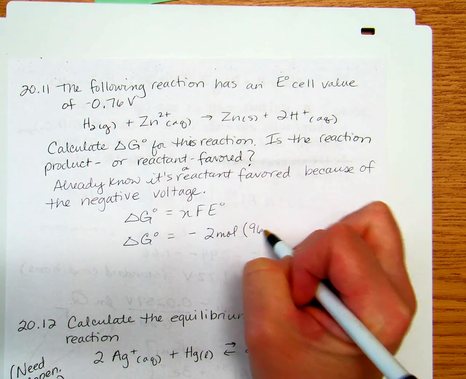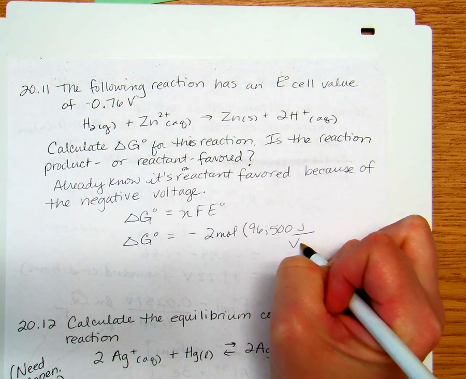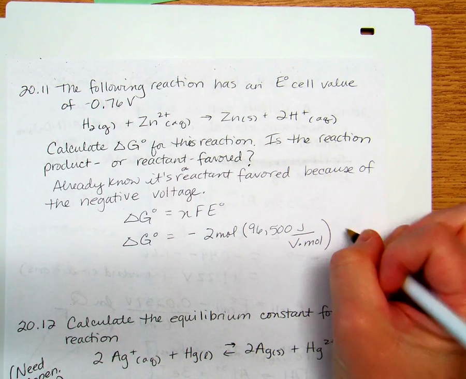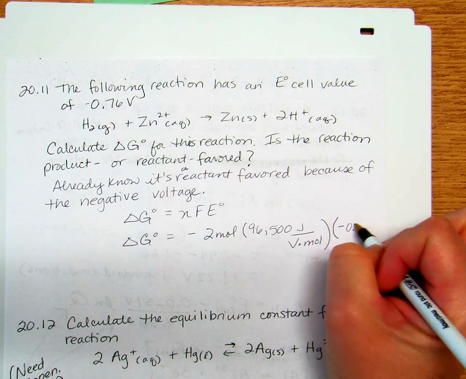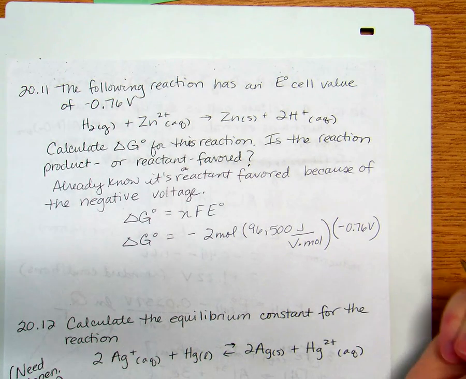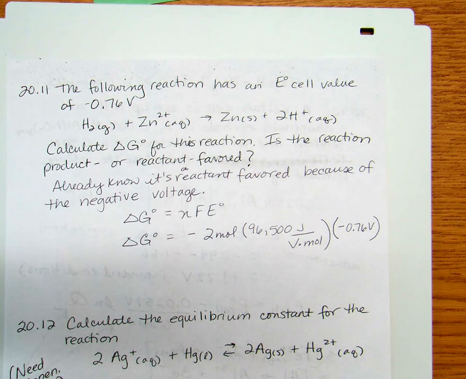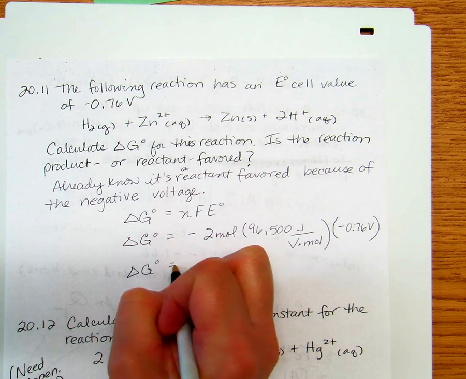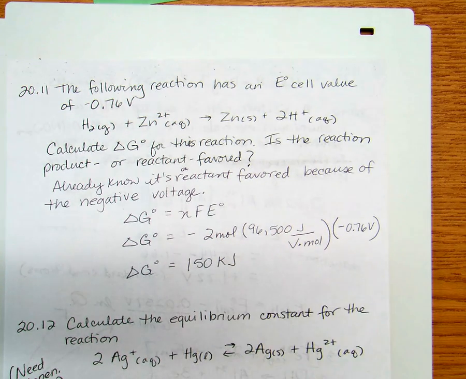Faraday constant, 96,500 joules per volt times mole. And then the voltage provided in the problem, negative 76 volts. And so our delta G value comes out to 150 kilojoules.